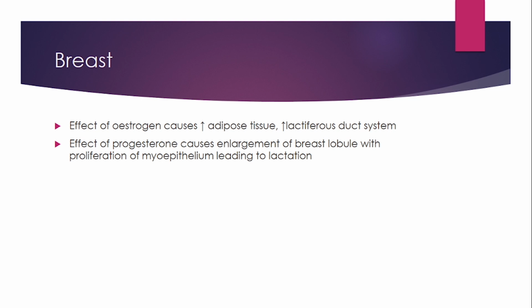The effect of progesterone also causes enlargement of breast lobules with proliferation of myoepithelium, also leading to lactation. And this is why we have breast enlargement that starts taking place in pregnancy, in preparation for lactation by the time the woman has delivered.